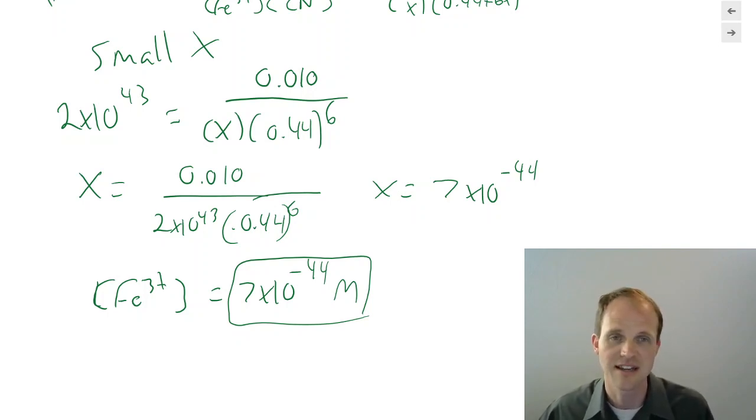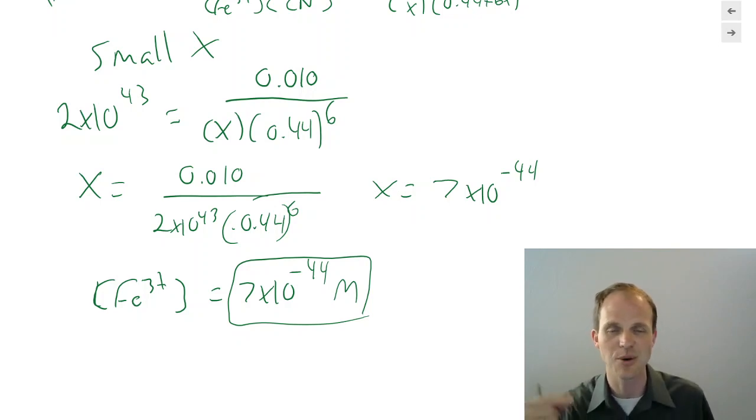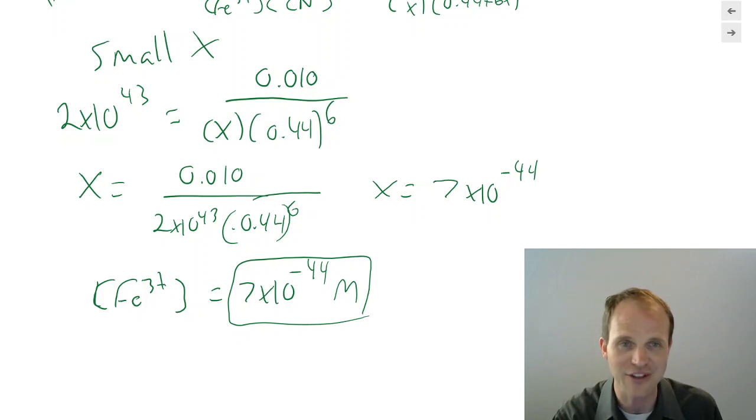You're still going to get 10 to the minus 20th molecules per liter. You need to have 10 to the 20th liters to have 1 molecule of iron that's free. Crazy small numbers. So you can see just how amazing that large KF value is.